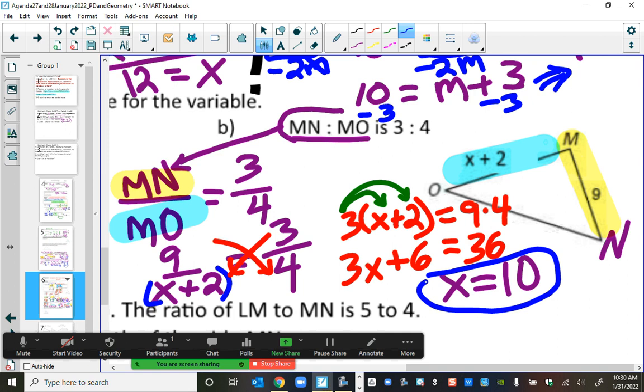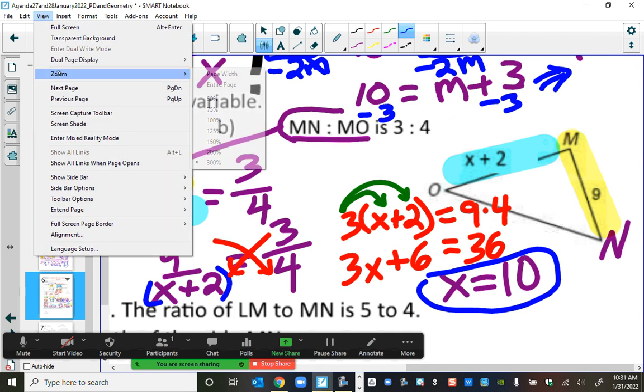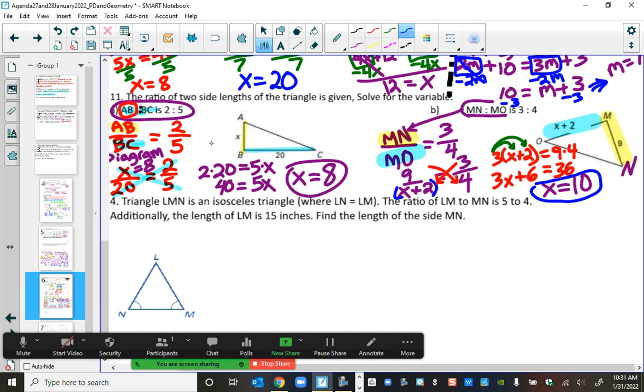All right. So, the bottom problem, that one was a little wordy, a lot more wordy than we needed it to be. So what happened was, really, all you need to know for this part, and it looked like some of us were already working on it: the ratio of L to M is 5 to 4.